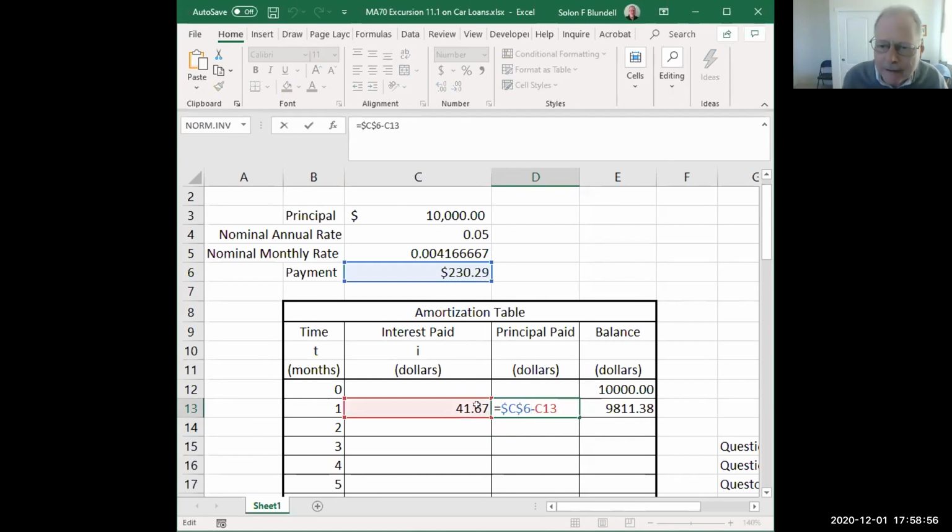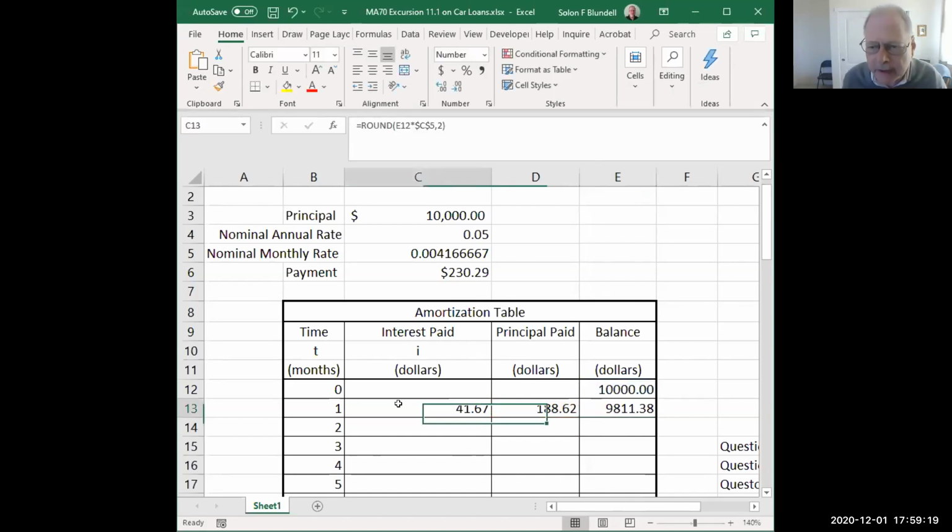Okay. So the payment was $230.29. Take away the amount of that was interest, and I get the amount of principal that I paid. And then to get the new balance, it's the previous balance minus the principal paid.